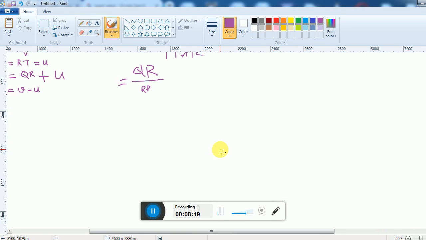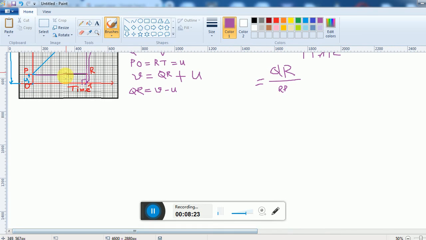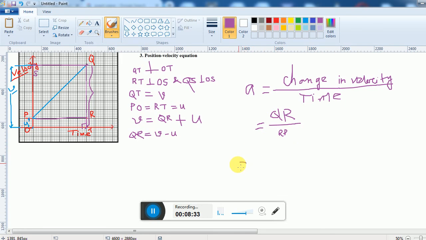RP is nothing but time. So a is equal to (v minus u) by t.